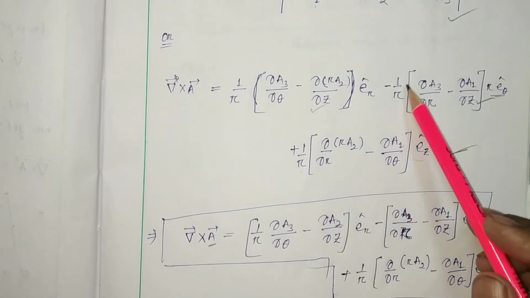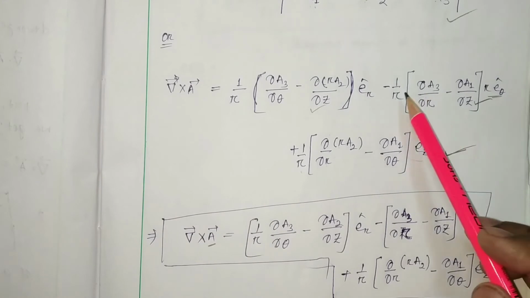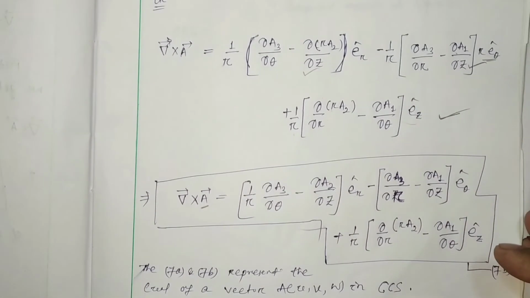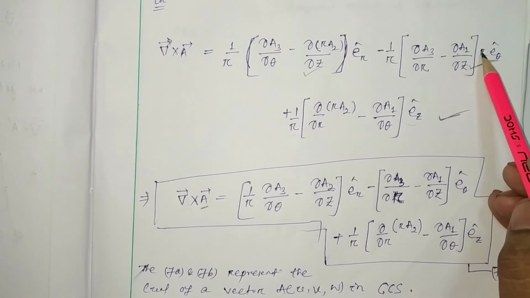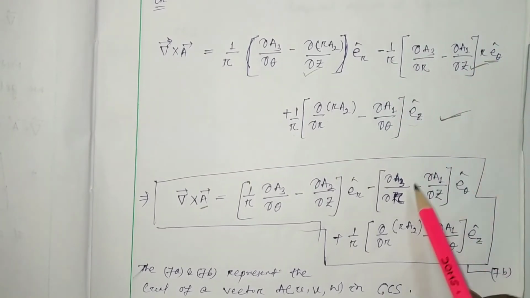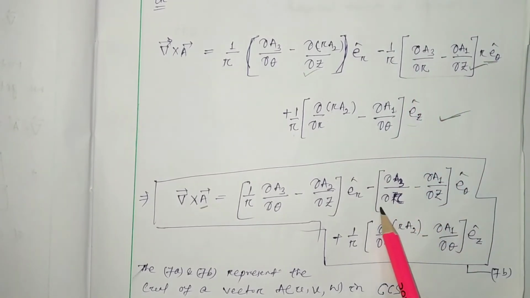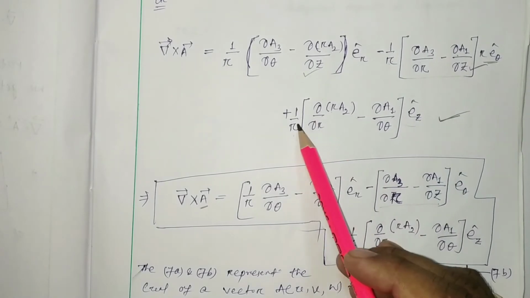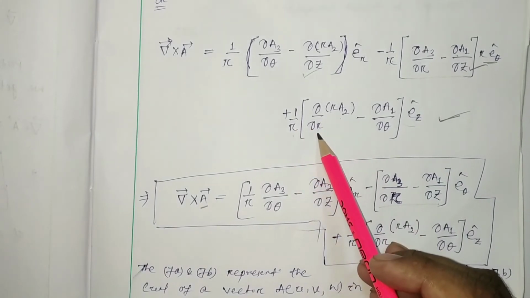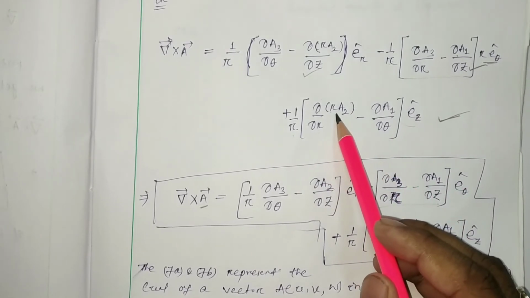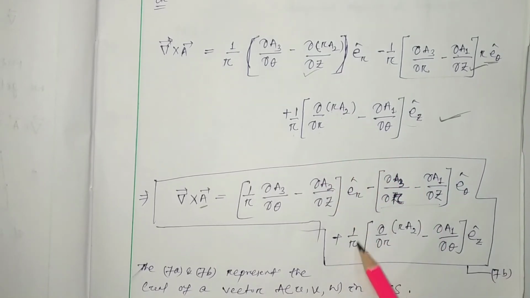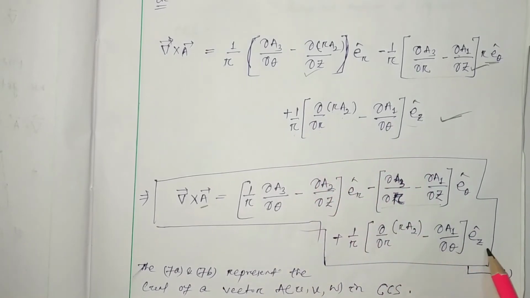Again r is multiplied with this one, so the derivative del by del r has to be there, so simply 1 by r, this term has been written over here.